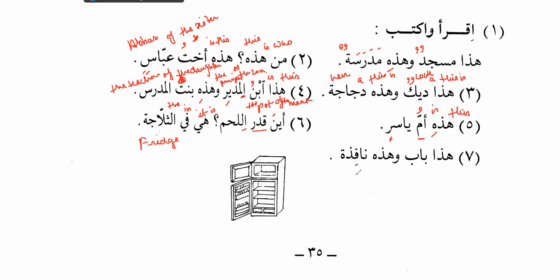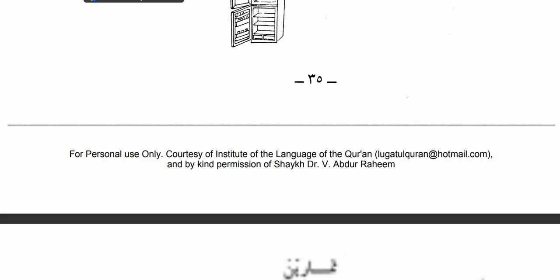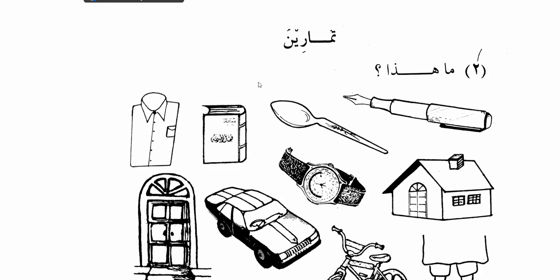Now, هذا باب. Babun, it's nakira. وهذه نافذة. نافذة means window and bab is door. Now in tamarin means exercises.